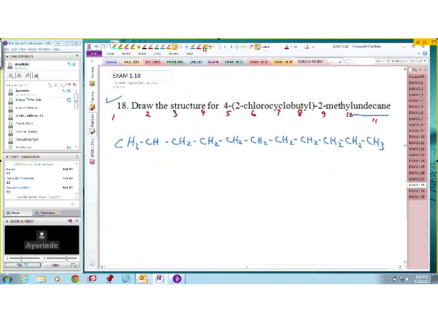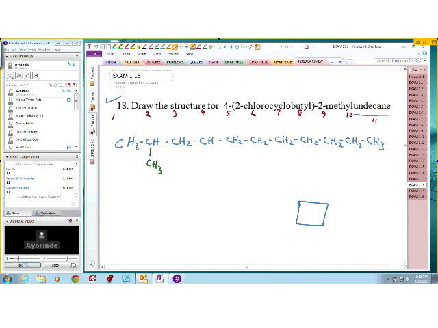Now on 2, we have a methyl. So I take this out and I place a methyl here. And on 4, we have this complex substituent, 2-chlorocyclobutyl. So I remove this. And then the complex substituent is cyclobutyl, so that would be an alkyl group from cyclobutane.